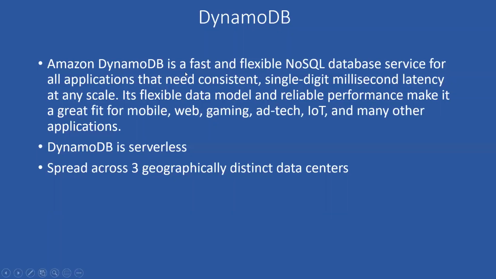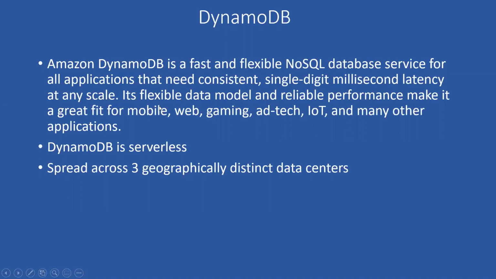Amazon DynamoDB is a fast and flexible NoSQL database service for all applications that need consistent single-digit millisecond latency at any scale. So guys, in the exam, if you see this single-digit millisecond latency, it's DynamoDB. No database can give you that single-digit millisecond latency. 5 milliseconds, 4 milliseconds, 3 milliseconds, you know. It's a flexible data model.